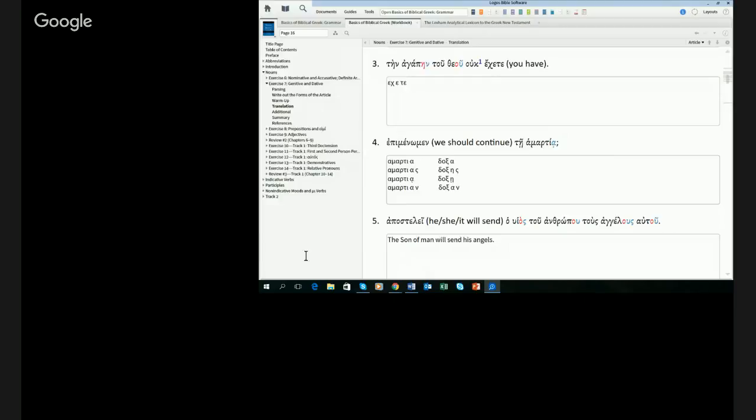What you'll notice is that on doxa, the genitive and dative singulars, the stem vowel changes from alpha to eta. Blepete? Whereas in hamartia it does not.